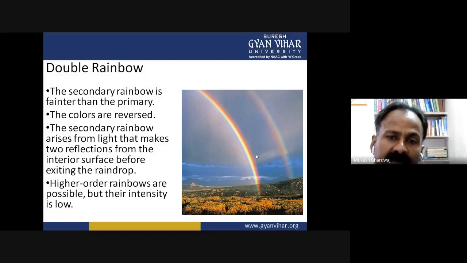The secondary rainbow arises from the light that makes two reflections from the interior surface before exiting the raindrop. Higher order rainbows are possible, but their intensity is low.